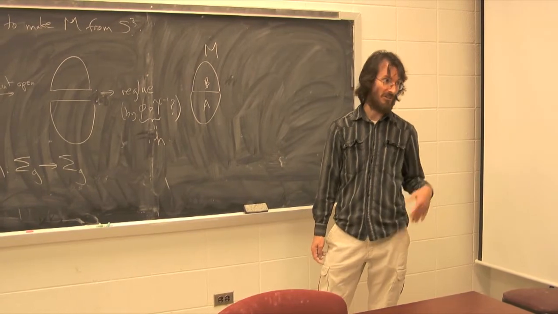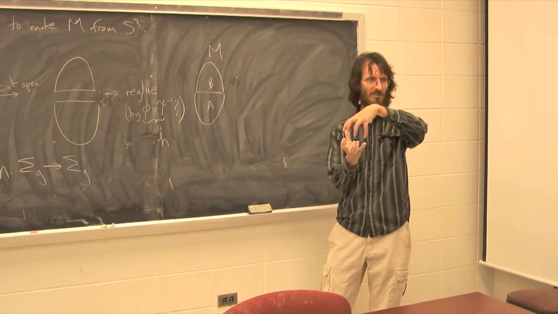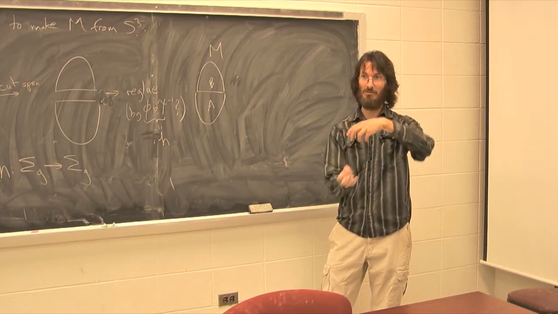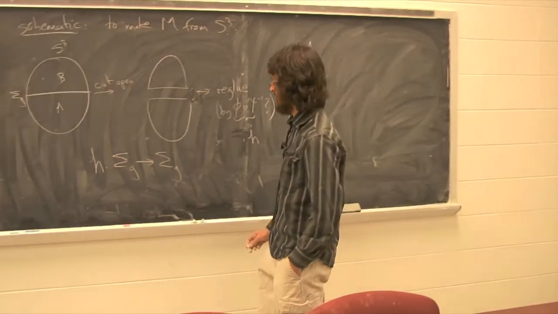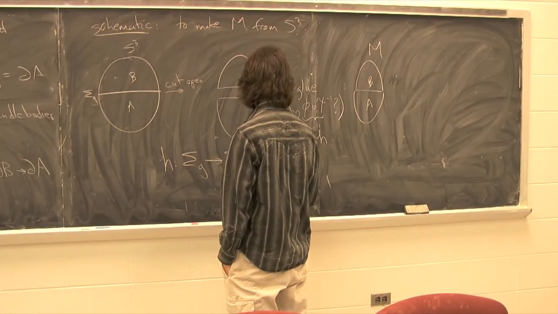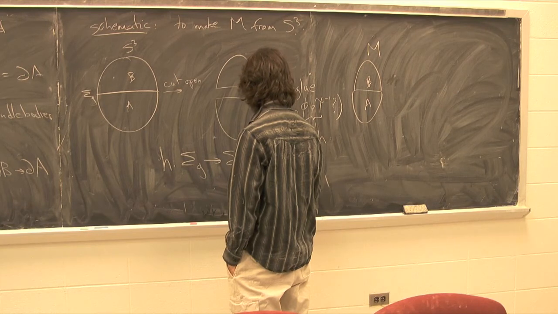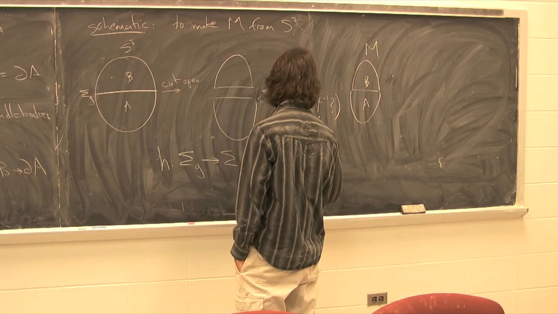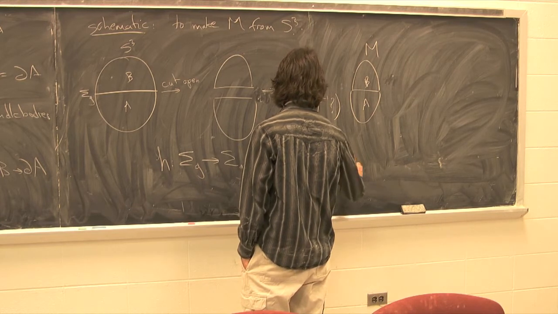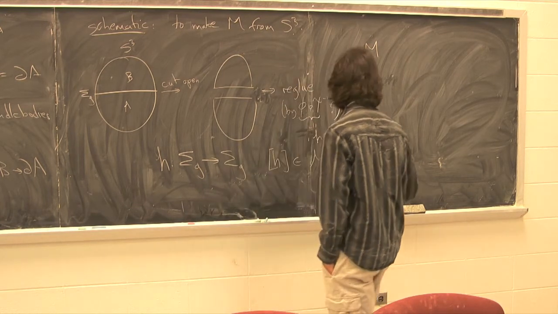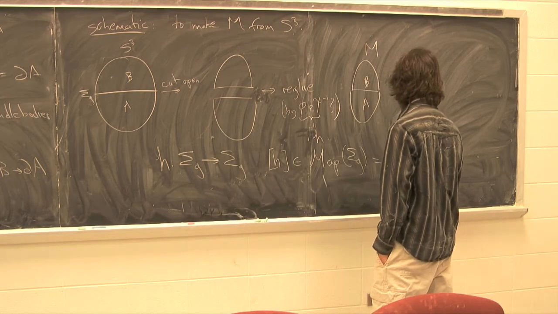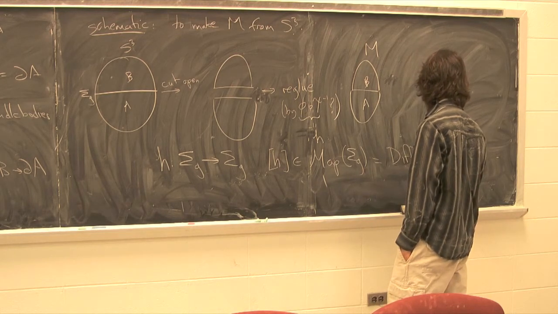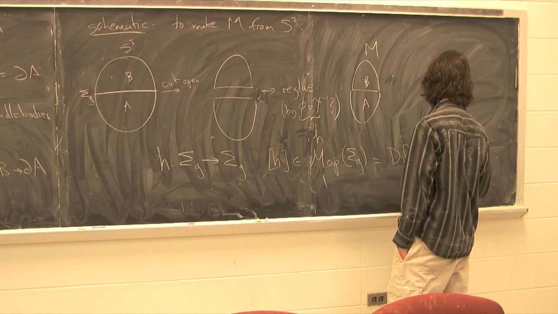That's one thing we said earlier: if you glue manifolds together along their boundary, the only thing that's important is the isotopy class of the gluing. So we really think of the equivalence class of H in the mapping class group of sigma G, which is diffeomorphisms from sigma G to itself, modulo isotopy.